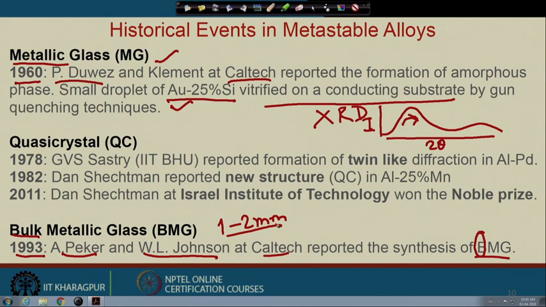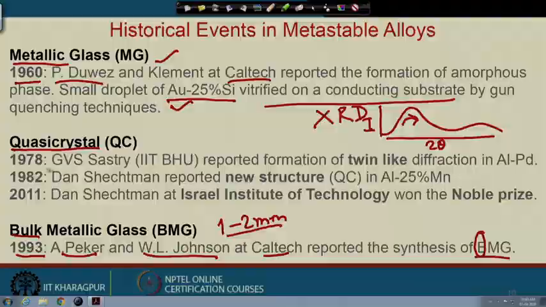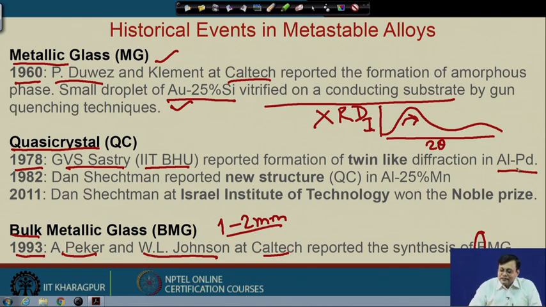So, larger dimension. Another big historical event was the quasicrystals that we discussed in the last class, where only rotational symmetry exists, but there is no translational symmetry in the lattice. In India during 1978, Professor G.V.S. Sastry, who is still a professor at Banaras Hindu University, was studying aluminum palladium alloys, and he found twin like diffraction, but at that time it was not told that it was a quasicrystalline structure, though a very similar alloy in aluminum magnesium.